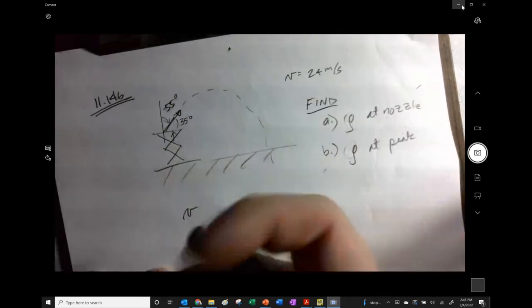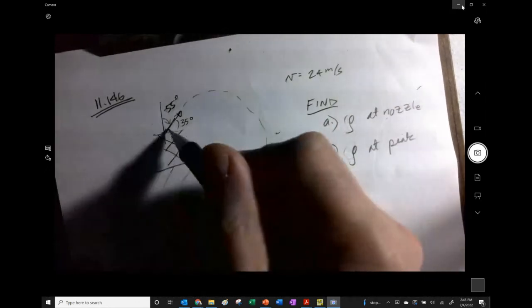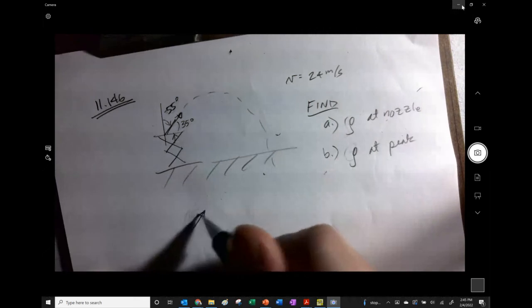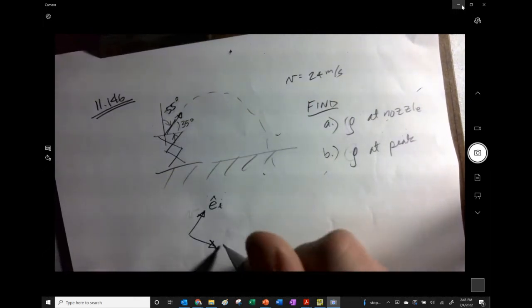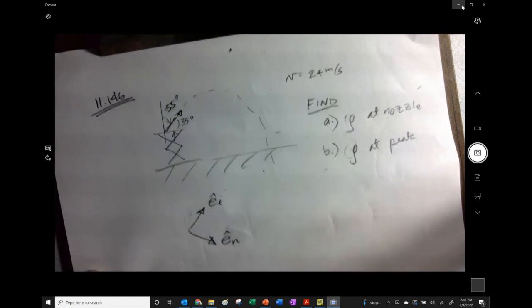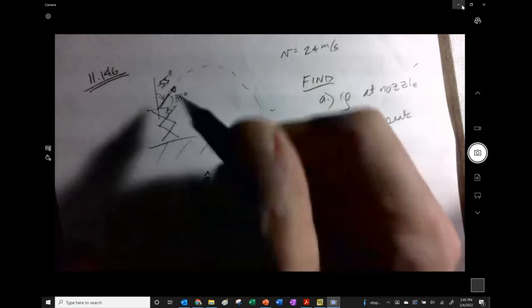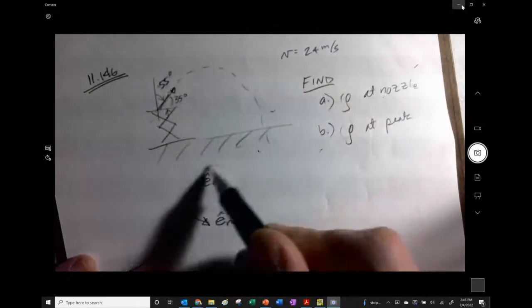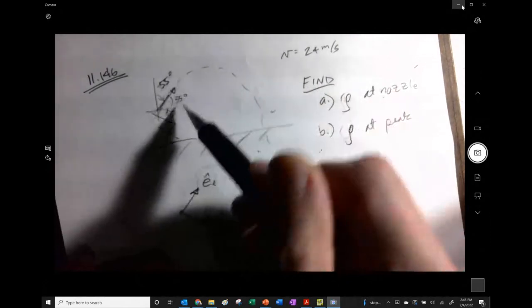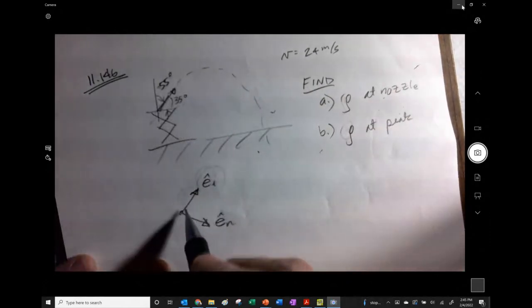I was going to do part B first, but I'll just do part A. So what you could say is right here, the initial, we could have this as ET and EN. Because this is the orientation of this as it starts out, right? Velocity is always tangent to the path. The initial velocity is at that angle right here. So we would put that right in here.